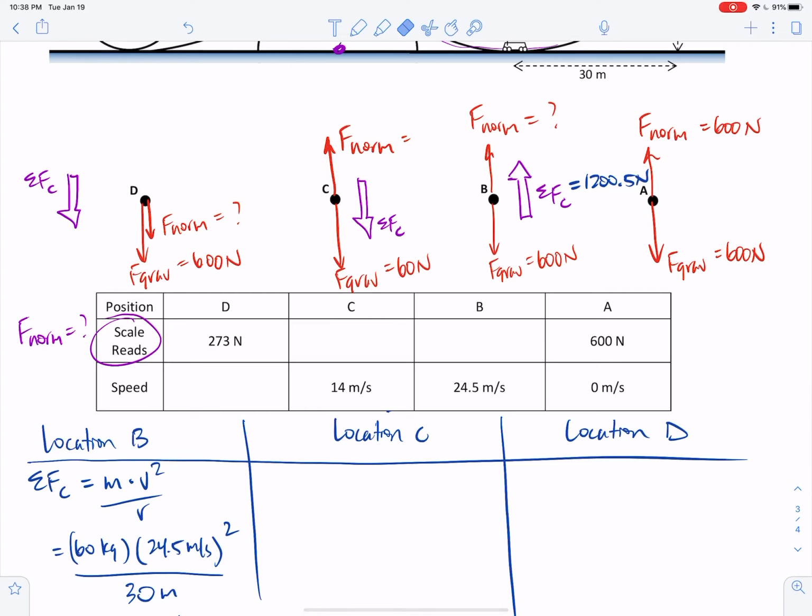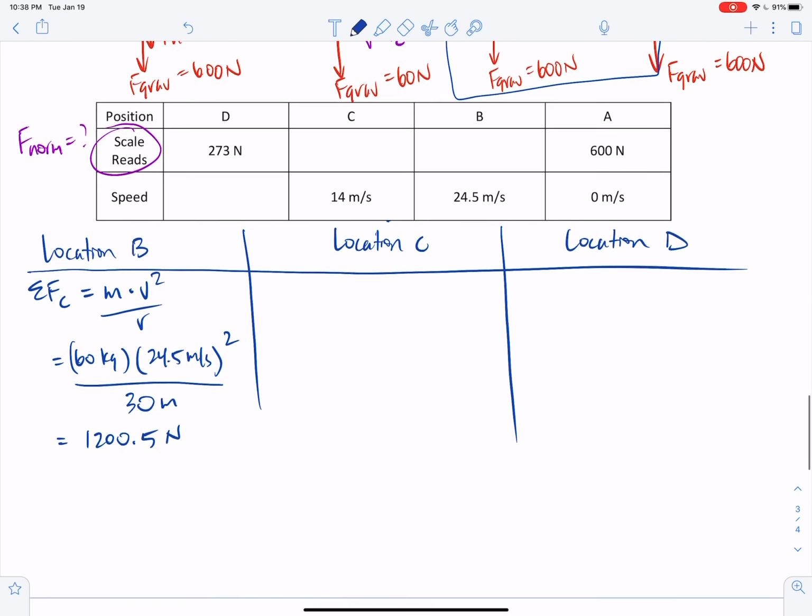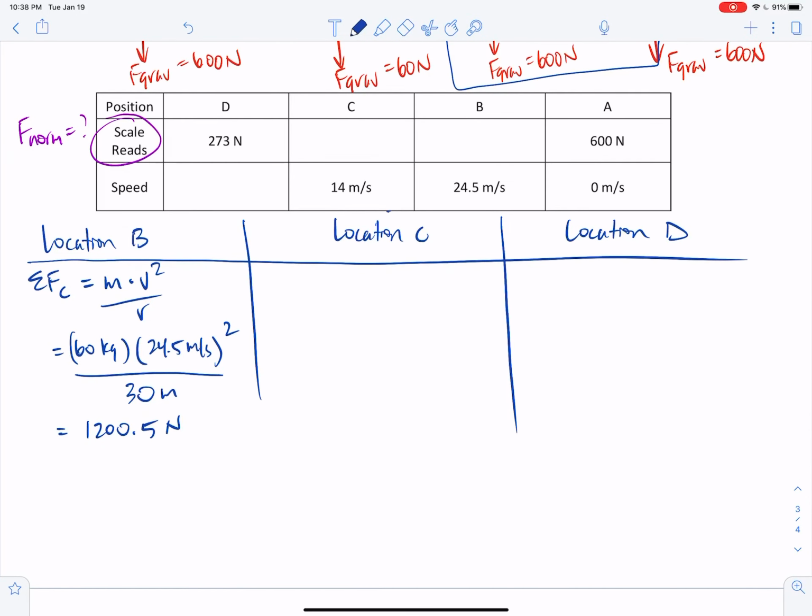Now I'm just going to look at my picture, focusing my attention on this diagram. I know that the sum of the forces has to equal 1200.5 up, and I've only got 2 forces that are acting. I have the normal force up and gravity down. So I could write this kind of a statement, that the sum of the forces in the centripetal direction is going to equal normal force minus gravity.